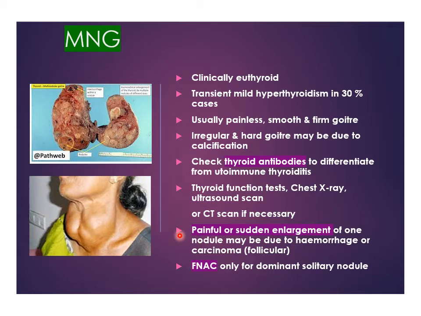Painful or sudden enlargement of one of the nodules may be due to hemorrhage or carcinoma, which is usually follicular carcinoma. So multinodular goiter is usually painless and progressively increases in size. If there is a sudden increase in size or suddenly it becomes painful, you must think of hemorrhage or malignant change. And these cancers can be diagnosed by doing an FNAC for these patients.